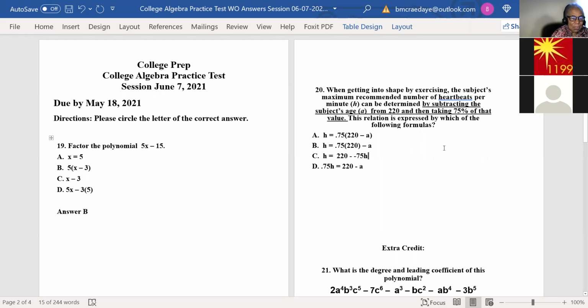So the age A is subtracted from 220 and then we take 75% of that result. So that's 75% of the difference of 220 and A. So H, heartbeats per minute.